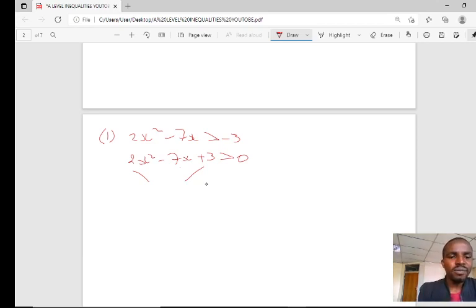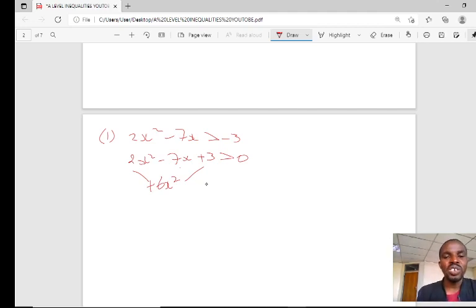What do you get? Plus 6x squared. Then what are the two numbers which when you multiply give us plus 6, and when we add or subtract, they give us minus 7x.